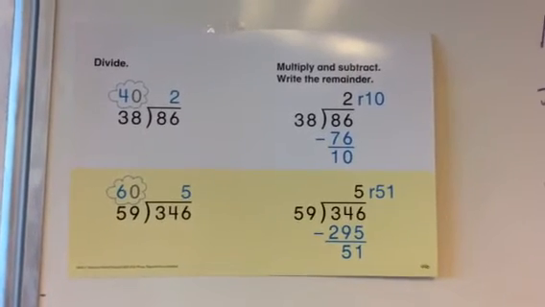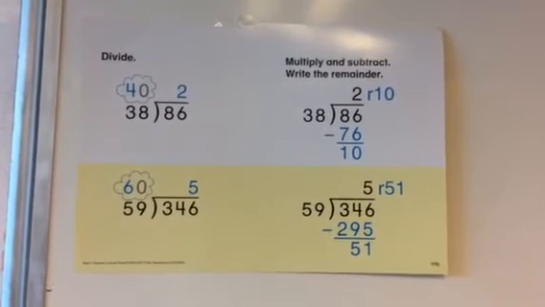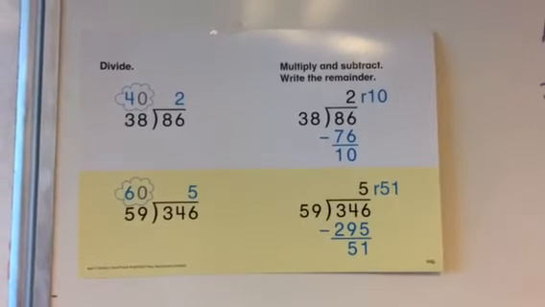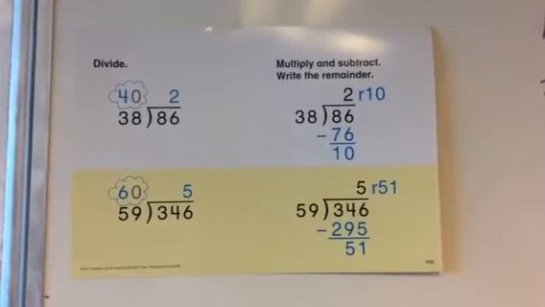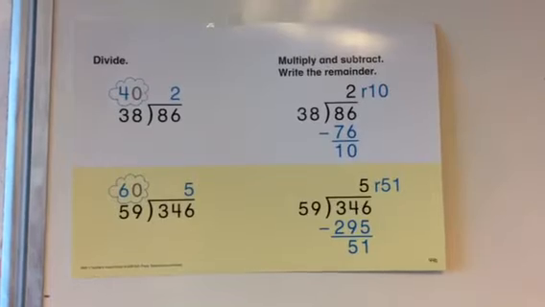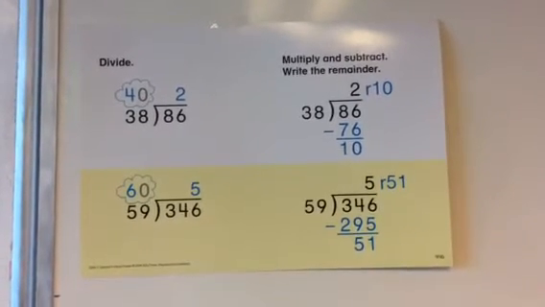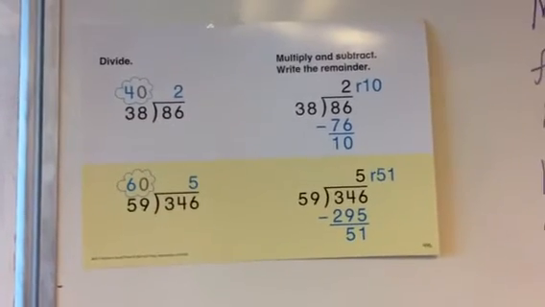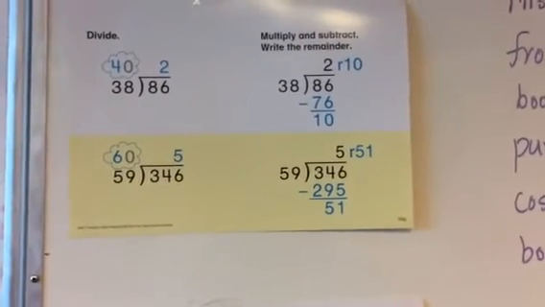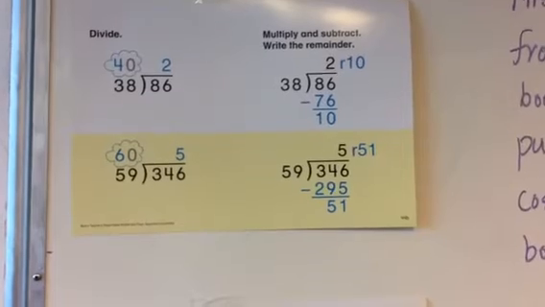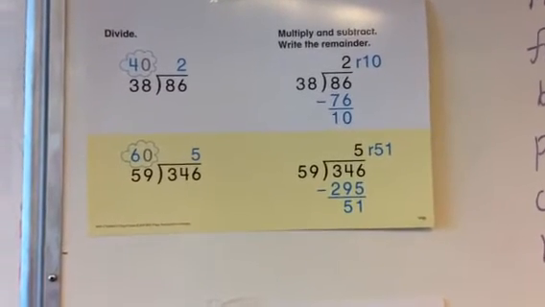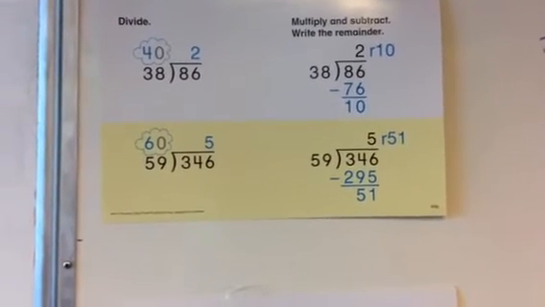You cannot do 40 times 2. You will have to do 38 times 2. 38 times 2 is 76, and then the next step in division is subtract. So 6 minus 6 is 0, 8 minus 7 is 1, and then the answer is 2 with remainder 10. Did you follow?